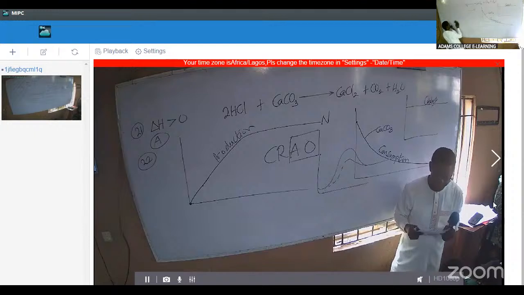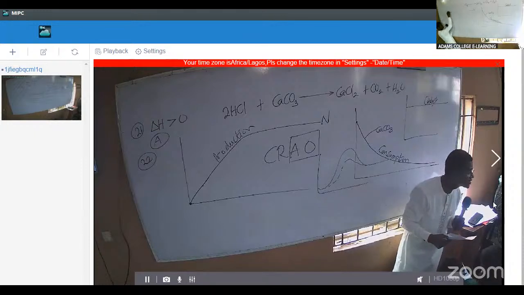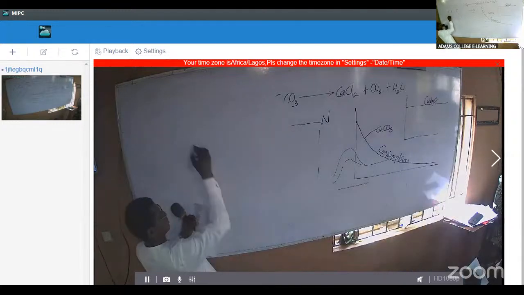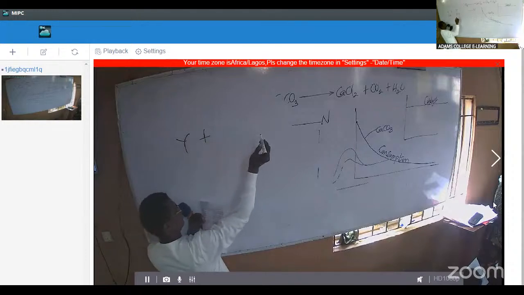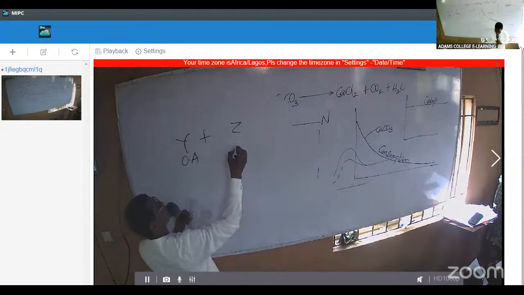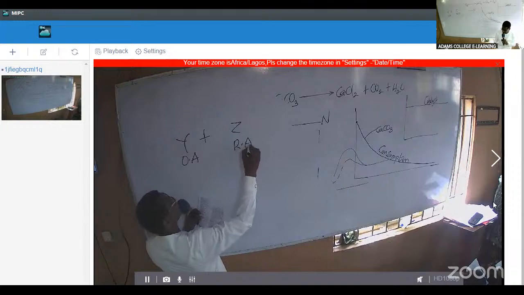If you're oxidizing, you undergo reduction. If you're reducing, you undergo oxidation. So Y is oxidizing, which means Y will become reduced. Z will become oxidized. So the answer is B.